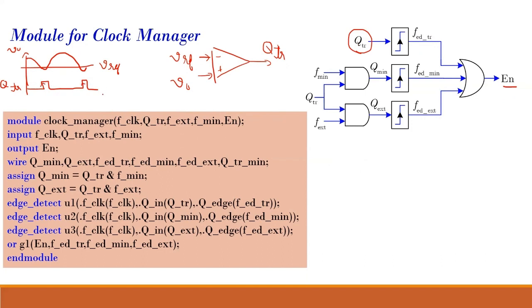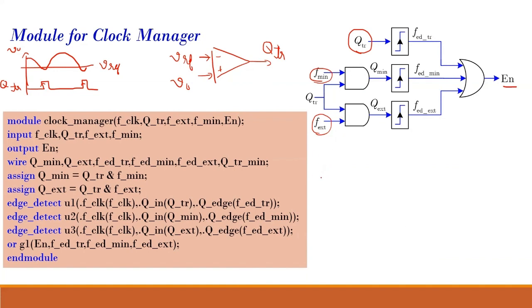That is one case. Or this logic is for my minimum off time. And this is some external clock which is provided just as a fallback or extra safety precaution, so that if by chance we are not able to turn on the circuit, then this possibility also is there.